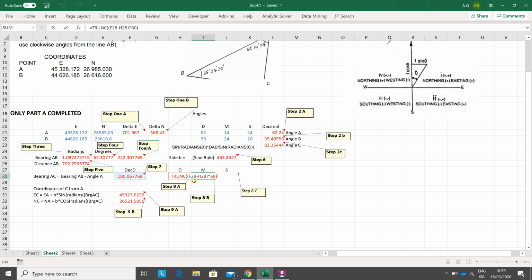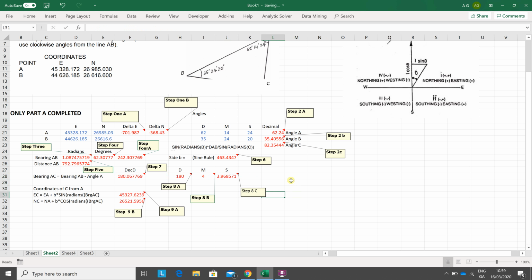So it's F28 minus H28, so that would be 180.067 etc. minus 180, by 60, and trunk that, so that would give you the 4 minutes, and then the 4 minutes would have a bit left over. So how you do the bit left over is by that formula there. It's the F28 minus H28 by 60, and the trunk of that on the left, and multiply all that by 60. You want to be very careful here with the brackets. I got into a lot of trouble myself when I was doing it.